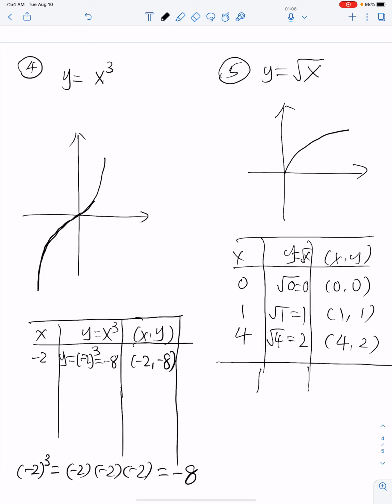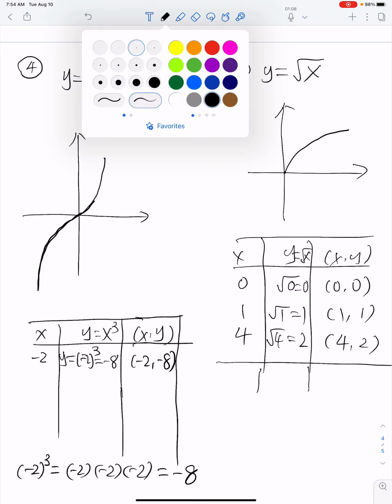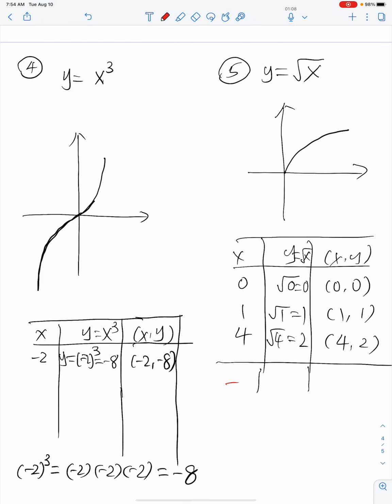But what will be the tricky one? -1. What is the square root of -1? Later on we will learn that's i, called imaginary. This is a real system, so we do not consider it here.